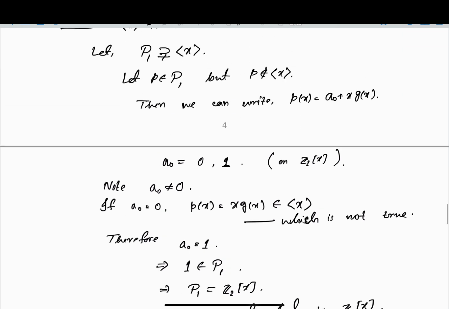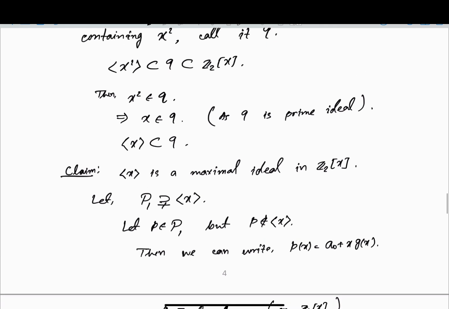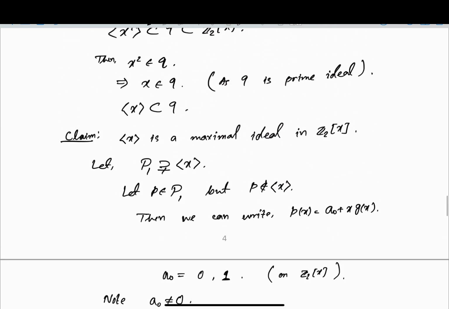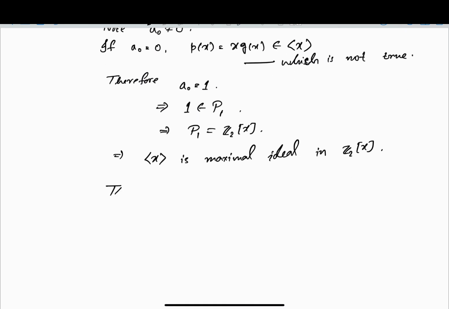Therefore the ideal of x equals Q, because Q contains x, which implies Q is a maximal ideal in Z2[x].